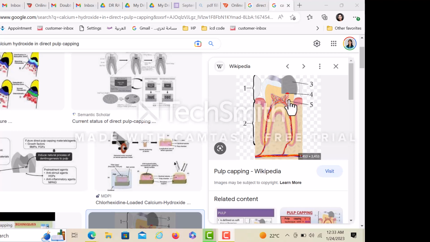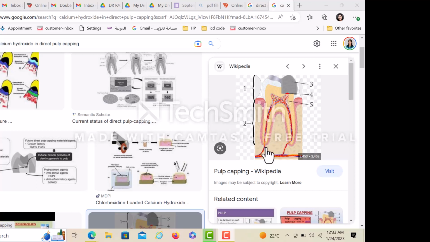So when there is an exposure of the pulp and it was healthy, and you place calcium hydroxide on a permanent tooth which wants to stay alive, calcium hydroxide would cheer up and say, yes, let's stay alive. So it will hasten the formation of a dentinal bridge.